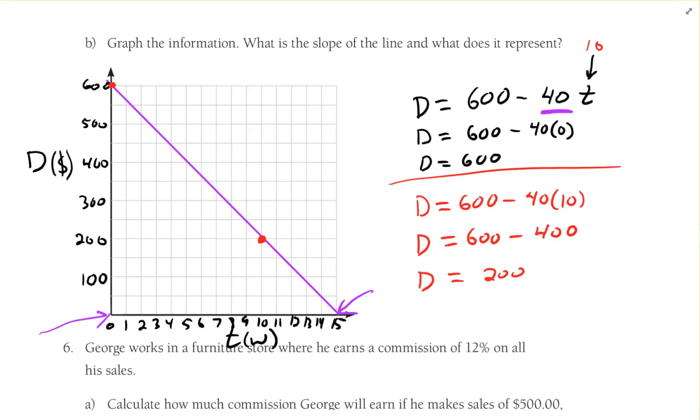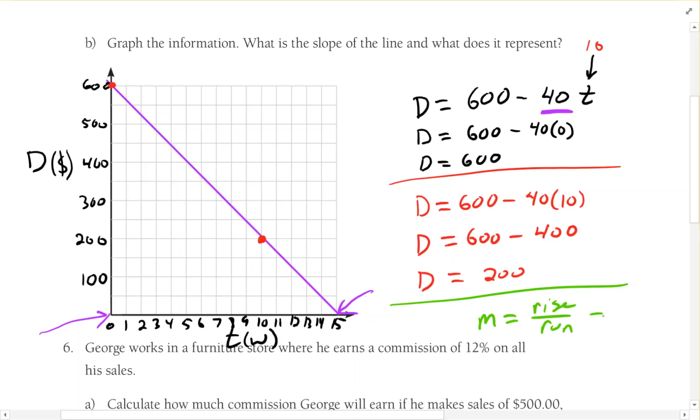The slope is equal to rise over run. So m is equal to rise over run. If I did the whole triangle, that would be negative 600 over 15, which is equal to negative 40.